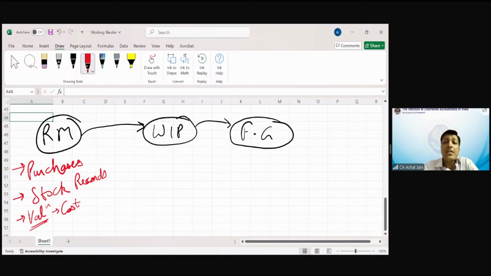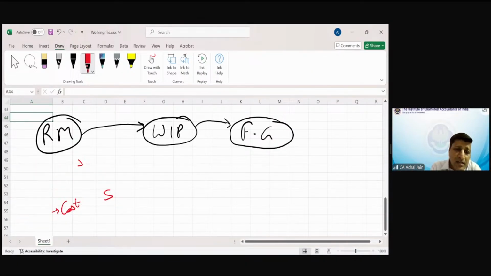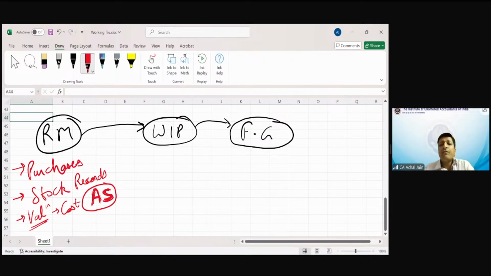And there's also a concept of taking it to its NRV if the raw material can only be used for certain categories of finished goods and those finished goods are recorded at NRV. Yes or no? Yeah. So that accounting criteria which the management will have to consider, auditor will also have to consider. Remember? Yeah. So those accounting standards we need to consider, because they will give us the accounting answer and the auditor will have to consider all of those accounting answers.